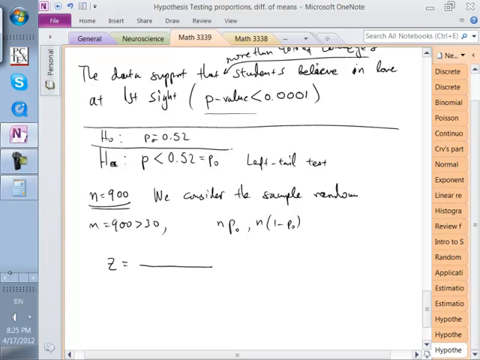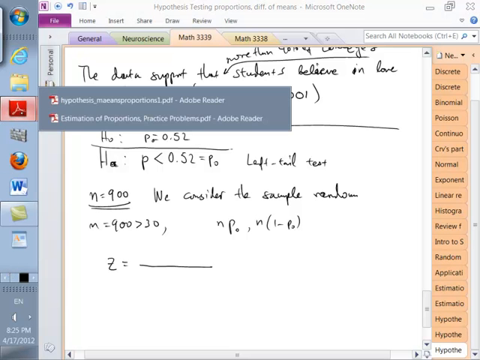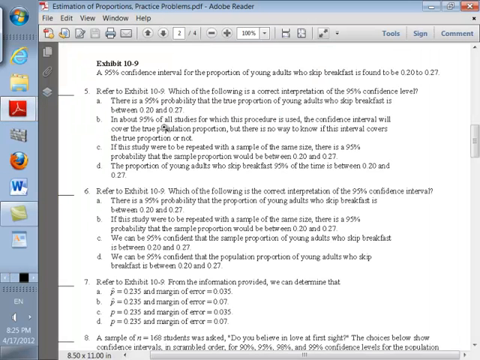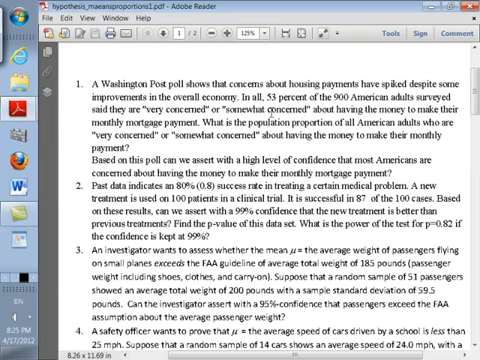Now the problem, as we saw, states 53% of 900 American adults. So 53% is the sample proportion.